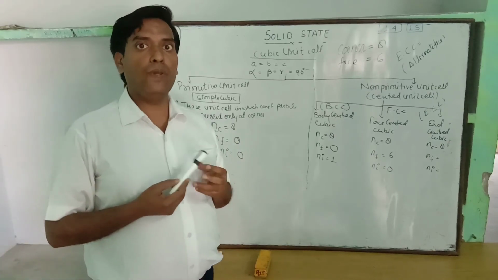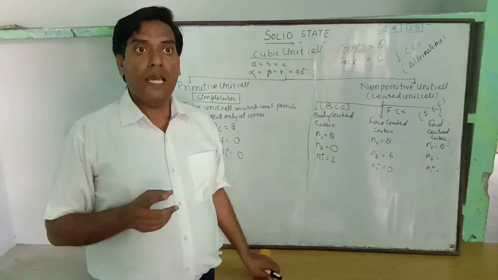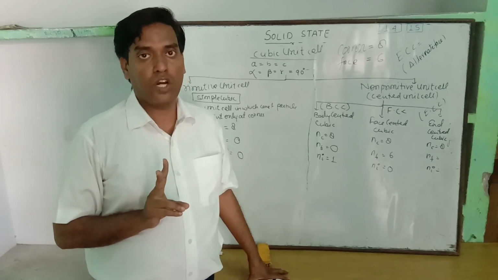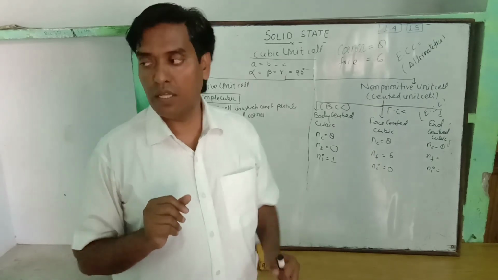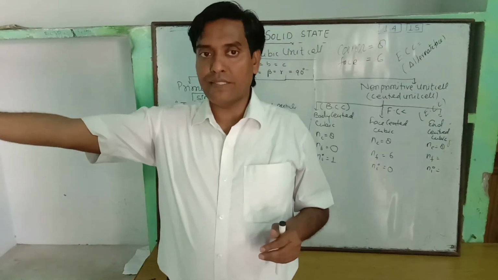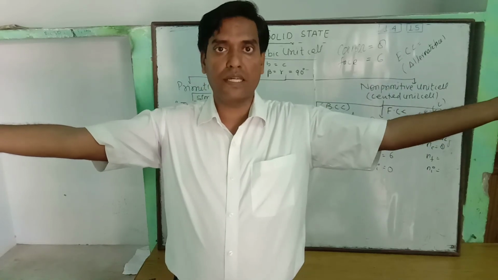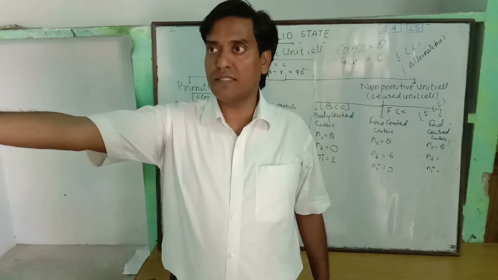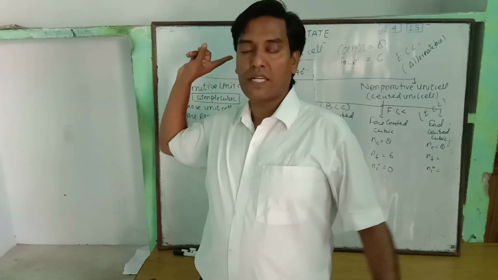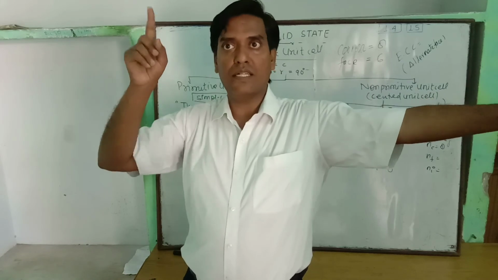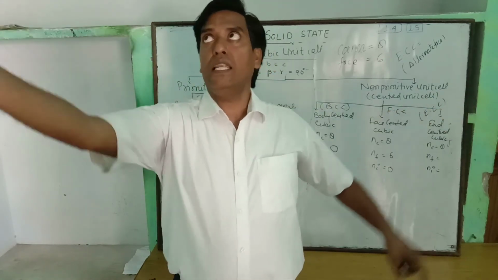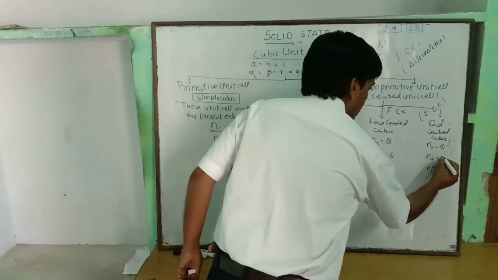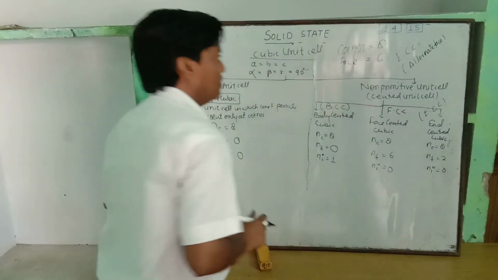So in a cubic unit cell there are 6 faces, and at alternate faces only 2 atoms are possible. How many atoms are possible? 2. How? Let us see. One atom can be placed this side and one atom can be placed this side. Now that is an alternate order. This face has a constituent particle, this face has none, this face has a particle, the front has no particle, and this face is also in alternate order. So now we can say NF is equal to 2 and Ni is equal to 0.